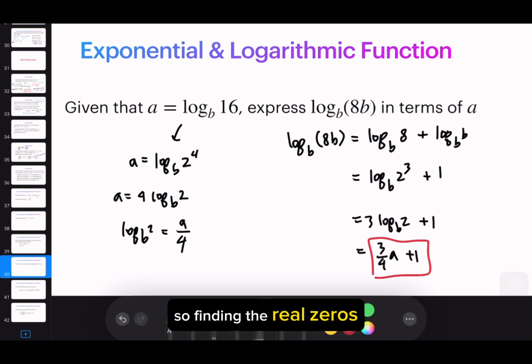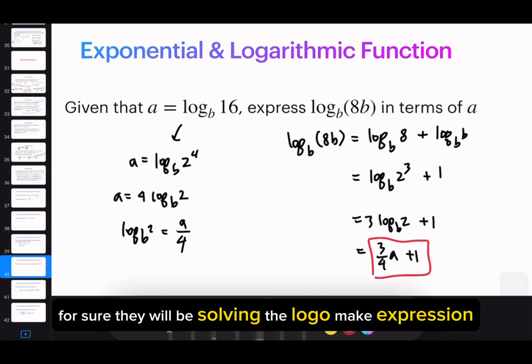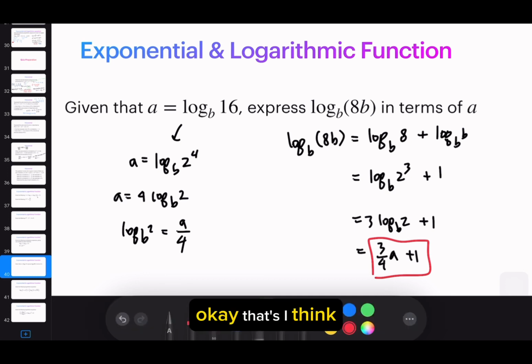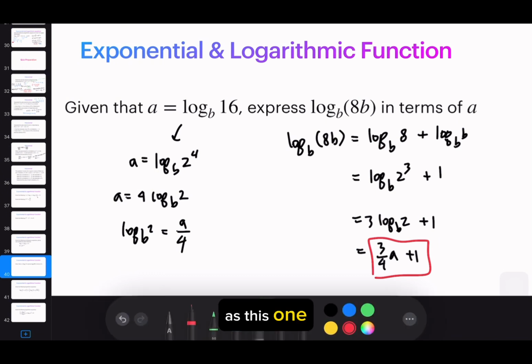So finding the real zeros, that will be for sure. For the exponent and log, for sure there will be solving the logarithmic expression. Okay. And some like this, where you solve some expression in terms of another expression. At least one question like that. Okay.